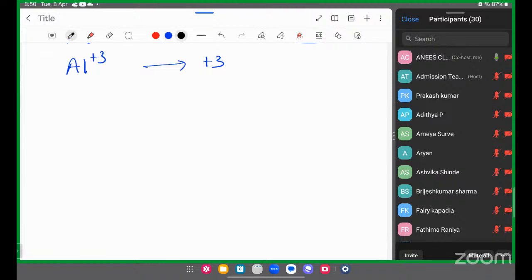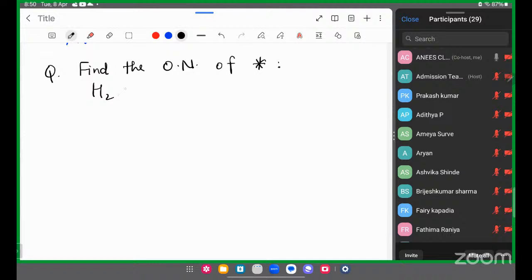Let's solve some questions. Find the oxidation number of the following. H2SO4. In H2SO4, we have to find the oxidation number for sulfur.